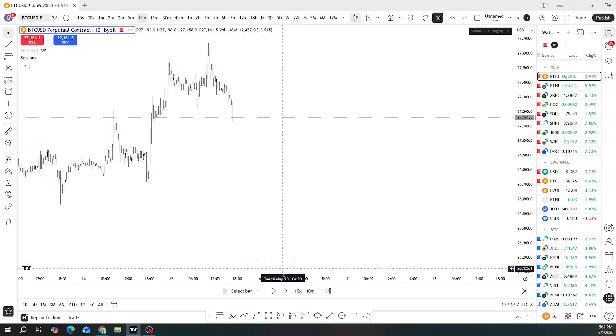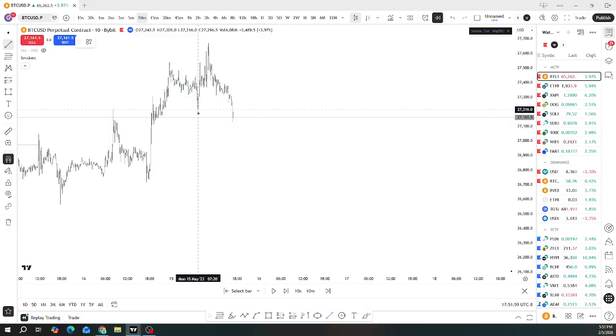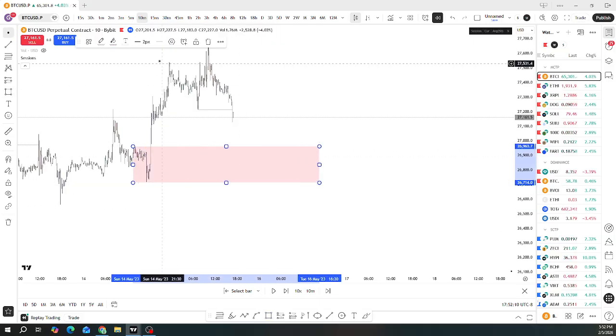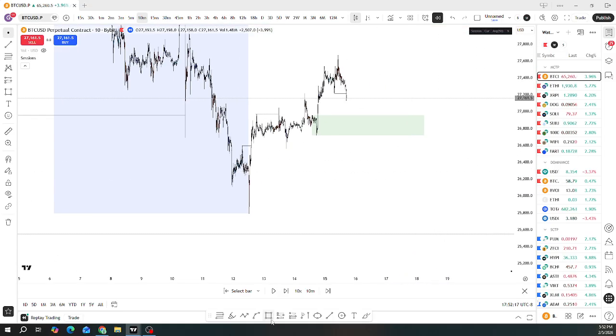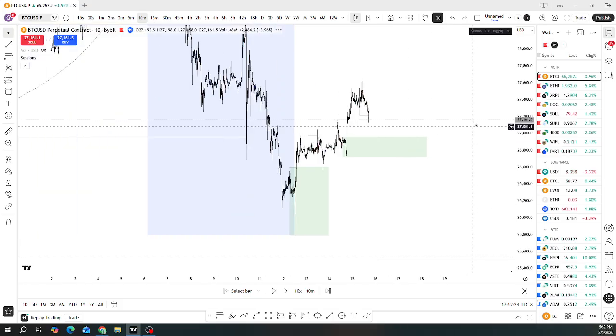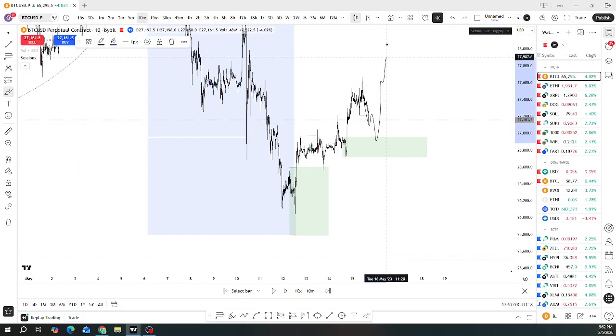Bitcoin locally trying to break structure, so we could be getting that higher time frame range formation I was talking about. Yeah, I've been following demand on this move up, so could be a fake break coming into demand to continue that move up as well.